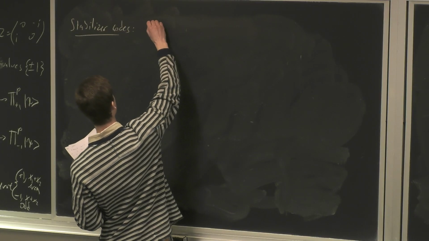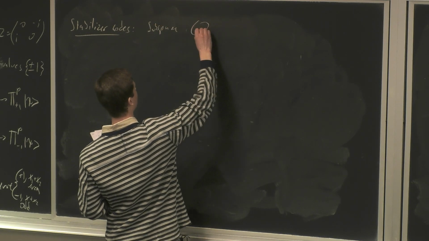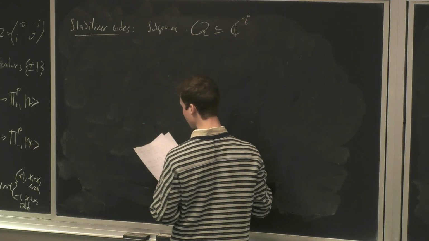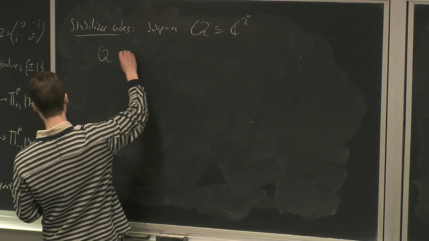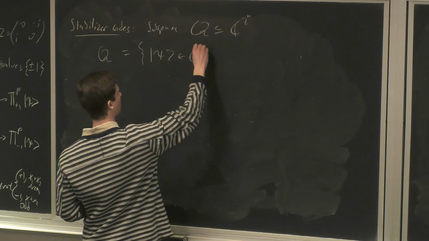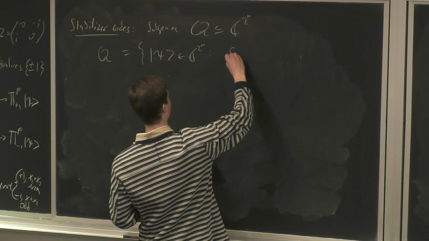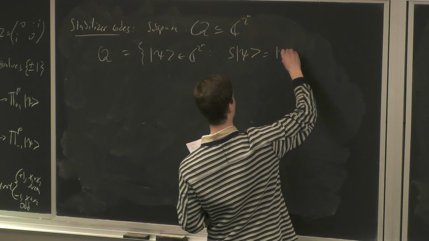So a stabilizer code is just a subspace Q of our 2 to the n dimensional complex vector space. And it's defined as essentially the set of all quantum states, or 2 to the n dimensional vectors, that are literally stabilized by a set of stabilizers.